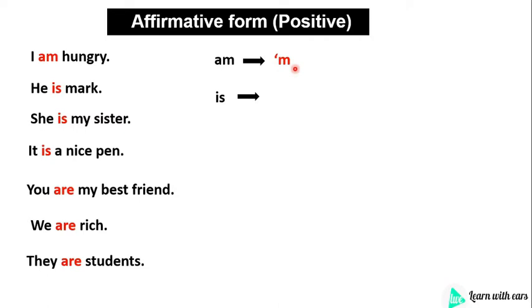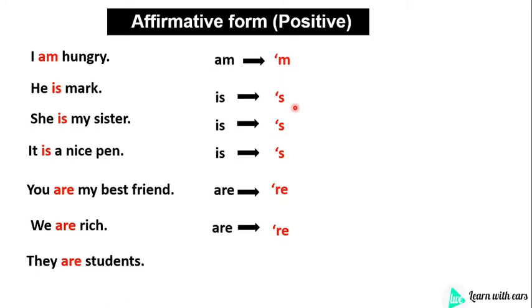Is becomes apostrophe s. I is missing and we use an apostrophe in the place of I and put s. Now are becomes apostrophe re. Okay?